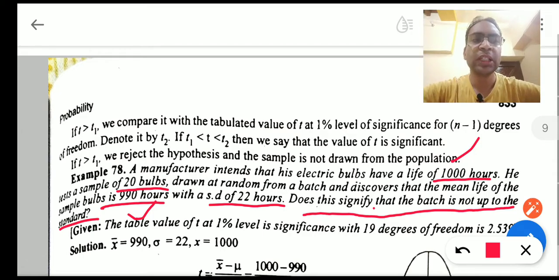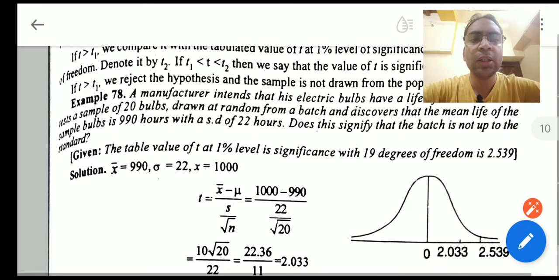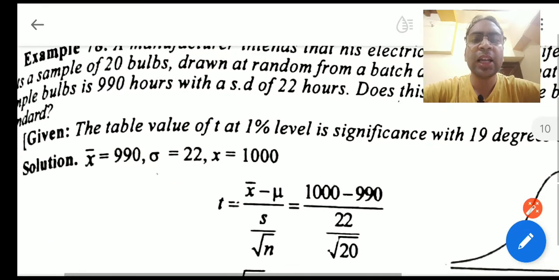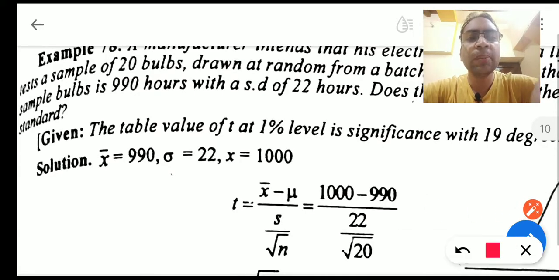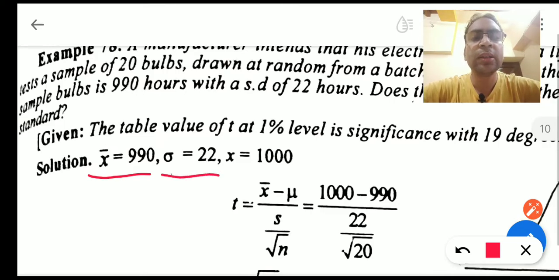Now let's calculate the t, as we have already identified all the parameters. The mean of the sample is 990, the standard deviation is 22, and the universe mean is 1000.